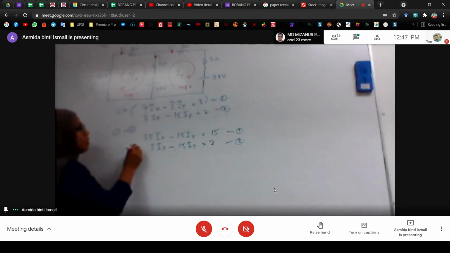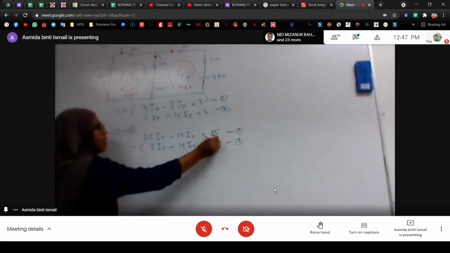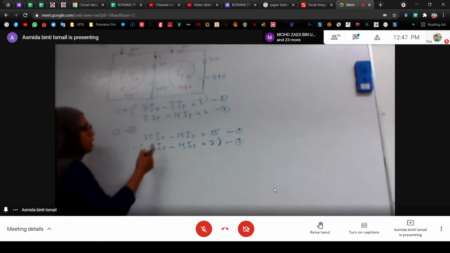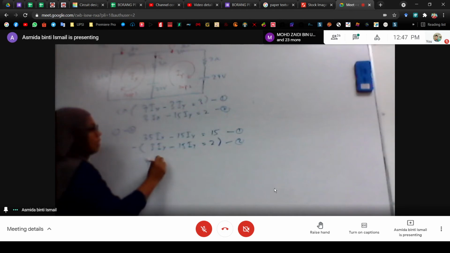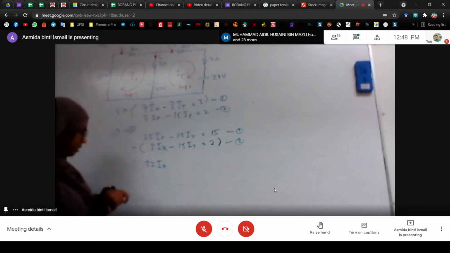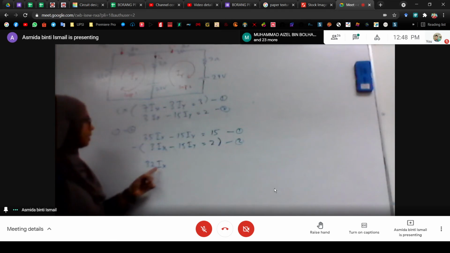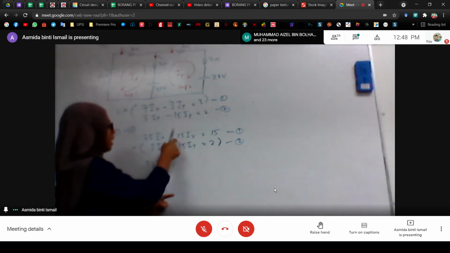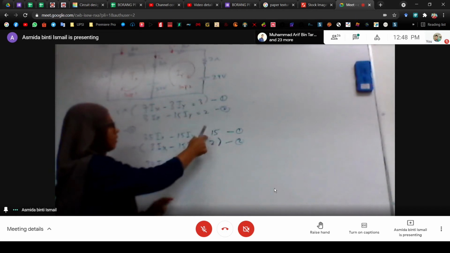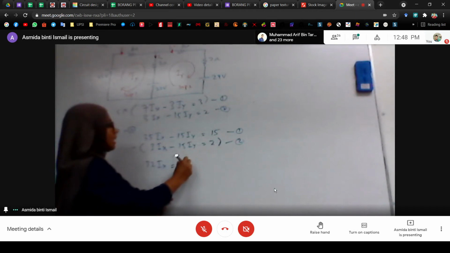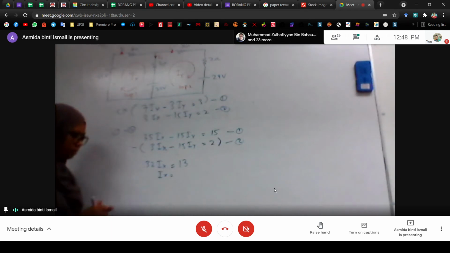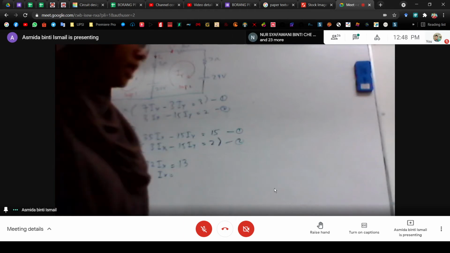Ix, minus 15 plus 15 equals 0. 15 minus 2 is equal to 13. So you get the Ix is equal to the ratio.